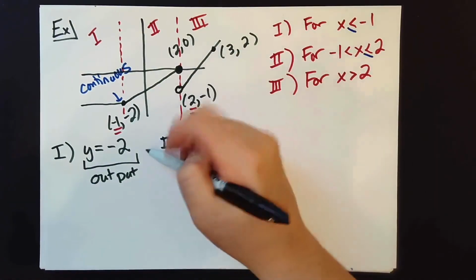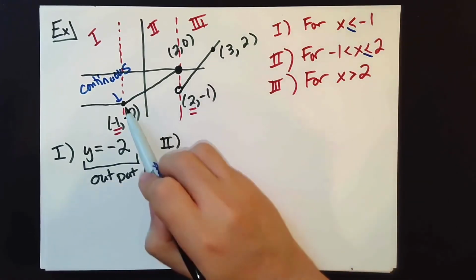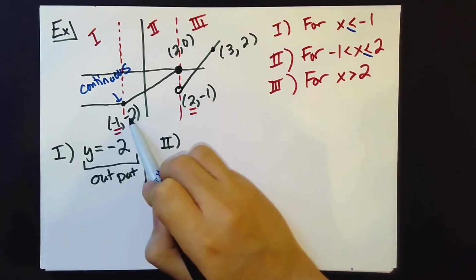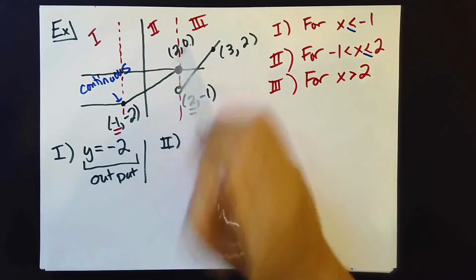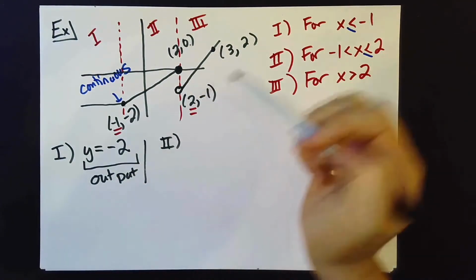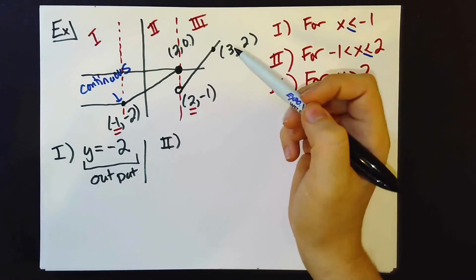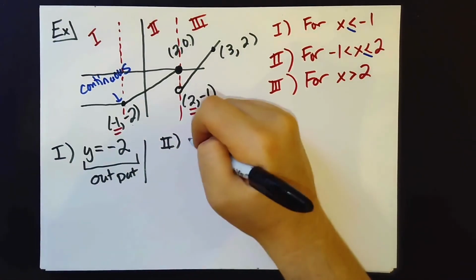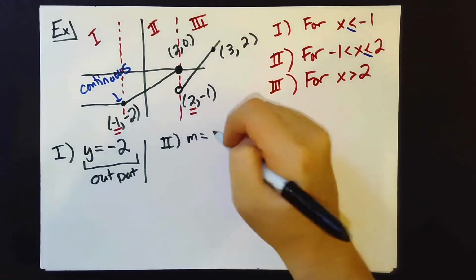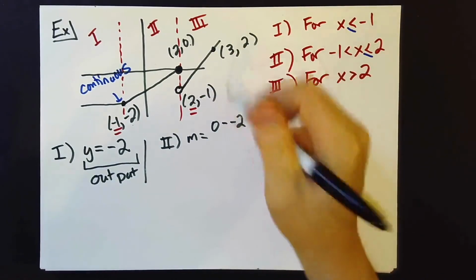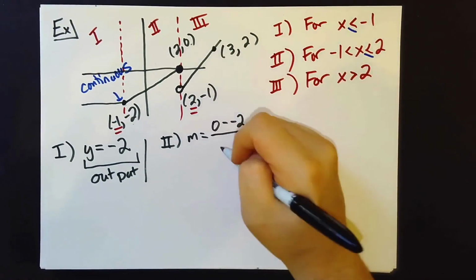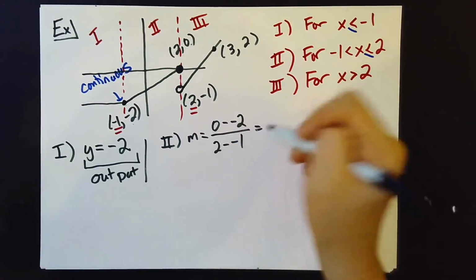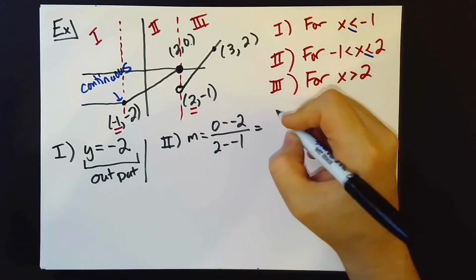What about zone 2? Well, zone 2 is a line segment, and it's the line segment from -1, -2 up to 2, 0. So really, I need to find the equation of the line between -1, -2 and 2, 0. So the slope of that line will be 0 minus -2 divided by 2 minus -1, which happens to be 2/3.